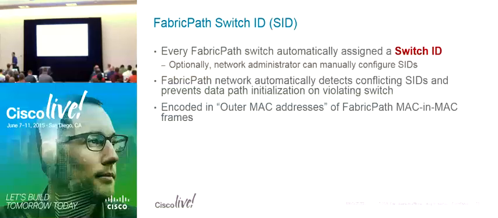Yes, question? What do you mean by the unicast topology? Is that the traffic load channel decision you do, or what does that identify? Let me rephrase the question and correct me if I'm wrong here. The question is, what does unicast topology mean?